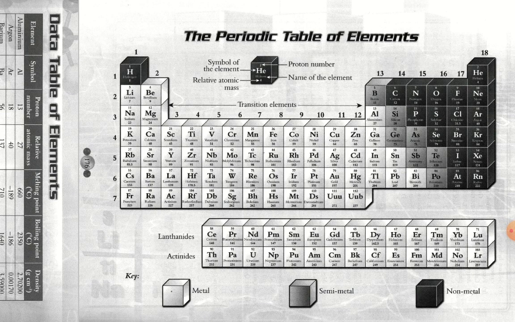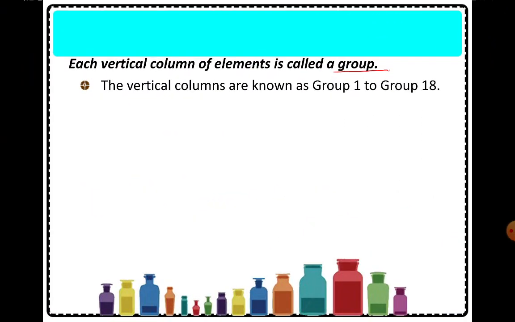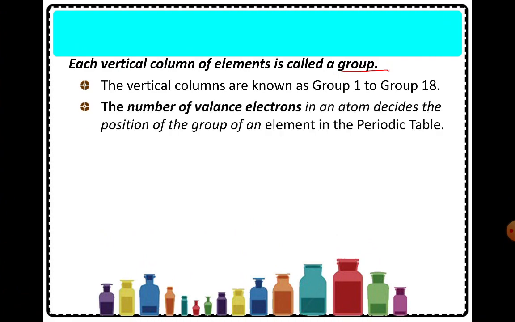Okay. So nombor ini ataupun group tu dia menunjukkan dia ada sifat kimia yang sama, the chemical properties dia sama, ya. The number of valence electron in an atom decide the position of the group of an element in the periodic table.